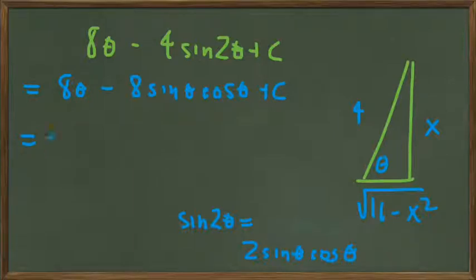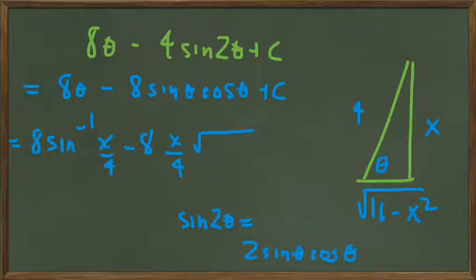The theta we said was sine inverse of x over 4, and then from the triangle, sine theta is opposite over hypotenuse, which is x over 4, and the cosine theta is the adjacent over the hypotenuse, which is square root of 16 minus x squared over 4.